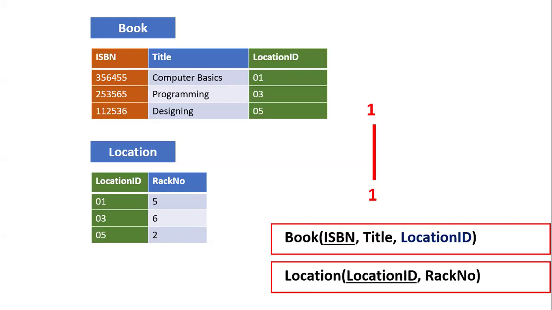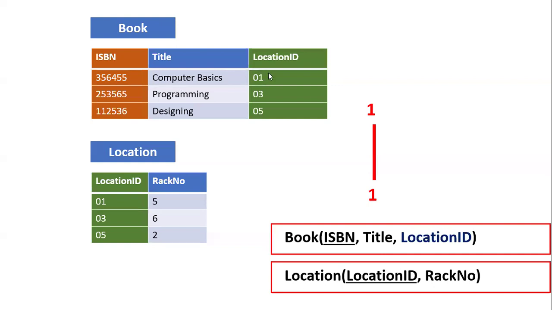Okay, children, now we are going to connect these two tables. This is the way we are going to write these two tables. You can see book, that is the entity, then ISBN, title. After that, location ID, rack number.